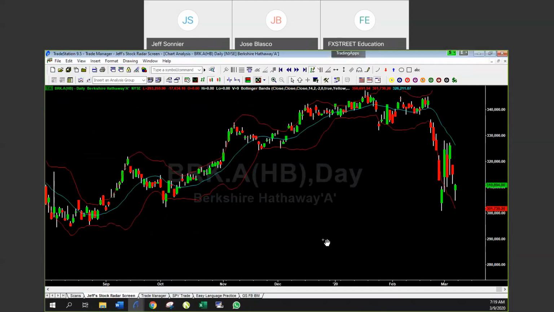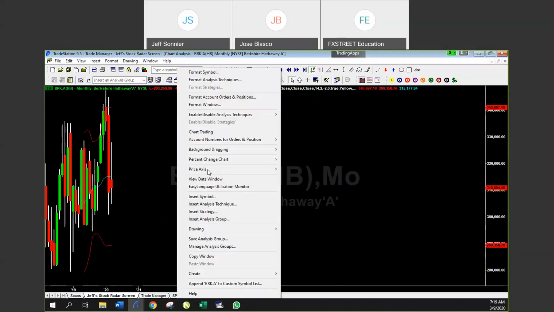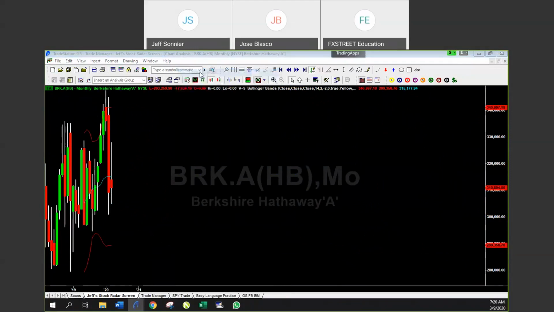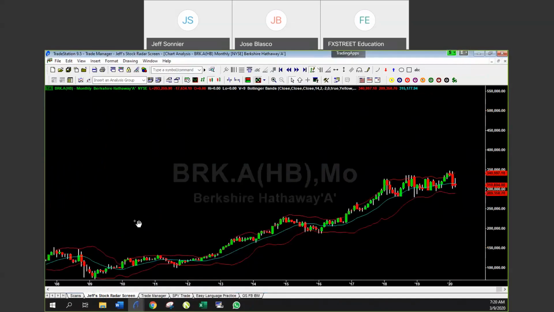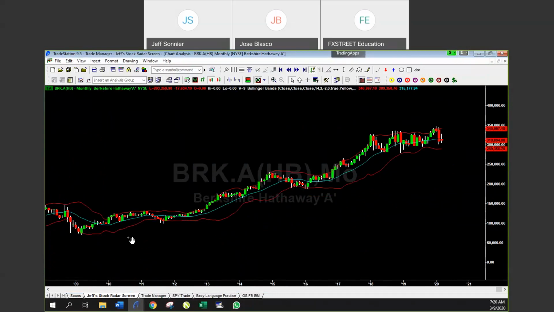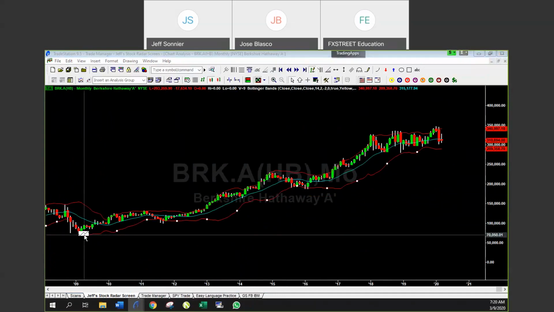So this is just a daily chart. If I flip this over to a monthly, you can see the volatility on this thing. And I'm using TradeStation, by the way, and if I change this right here to 20 years back, hopefully it won't take too long. Cool. You can see this stock from the bottom of '09, where it was 70,000.